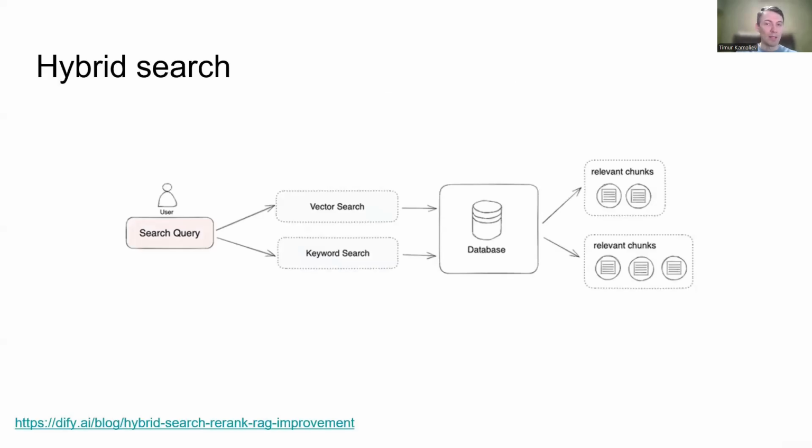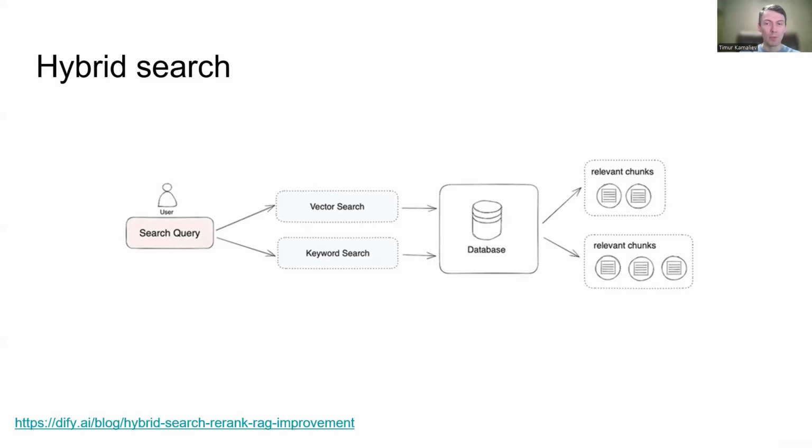Hybrid search is based on the combination of 2 methods: vector search and keyword search. In vector search, we use vectorization to transform our initial text into embeddings, or in other words, into a bunch of numbers. We make the embeddings of the source documents, put them into our database, and then we find the documents that have the closest distance to the user's query in the embedding space.